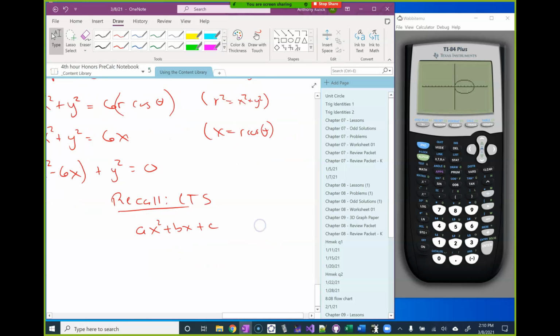So the first thing is that we want to make the leading coefficient 1. So I would start by factoring out the leading coefficient. Everybody okay there?